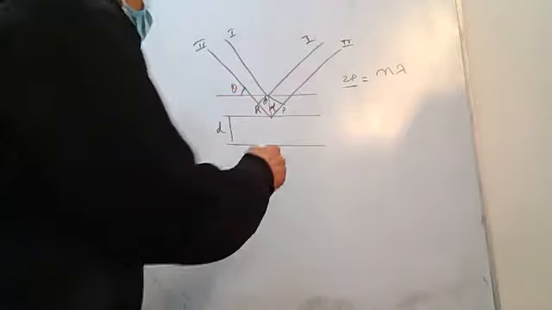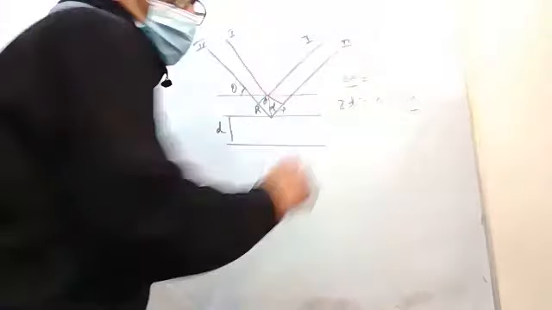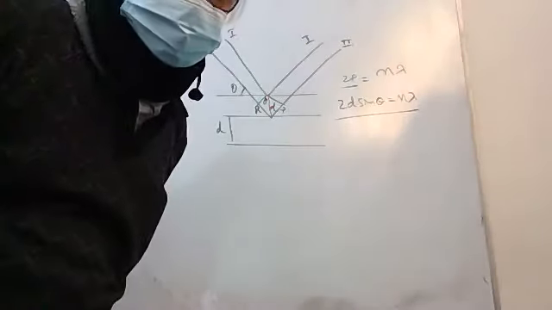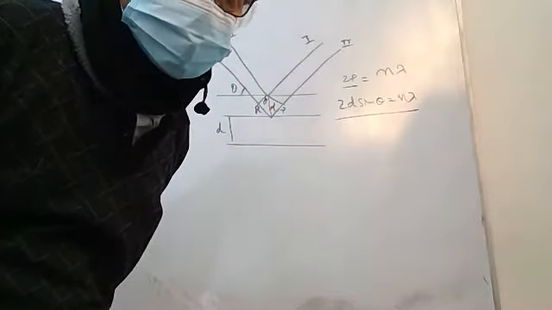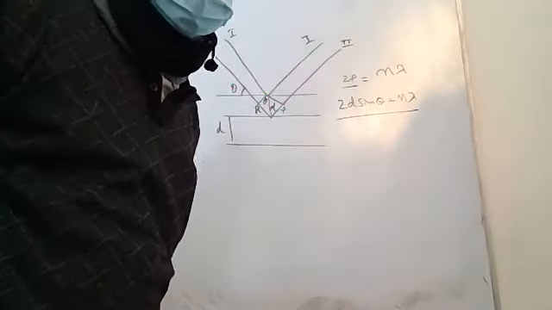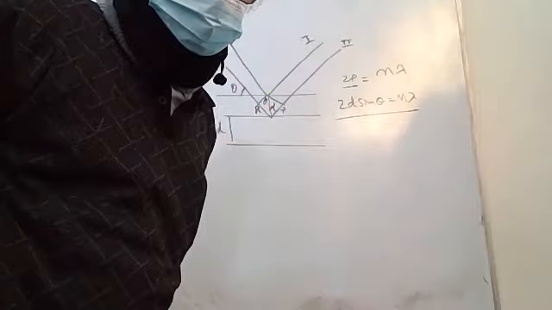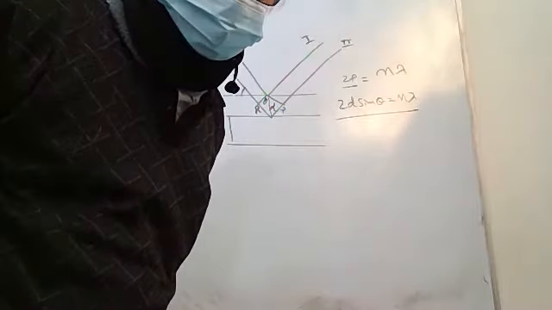So d sine theta plus d sine theta is 2d sine theta, which equals n lambda. In most of the problems, you can assume n equals 1. That is the first order diffraction. Unless otherwise specified that you are dealing with a second order diffraction, you can assume that n equals 1 in most of the cases.